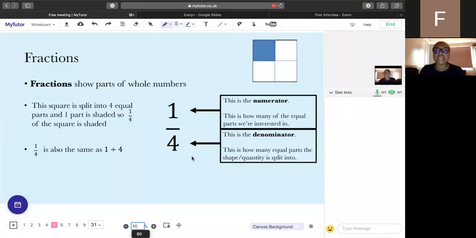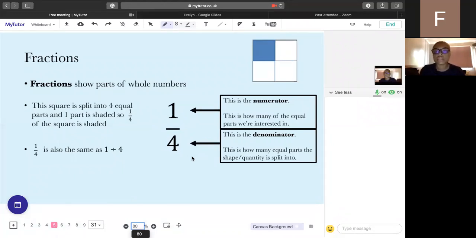As you can see in the top right corner, we have a square which is split into 4 equally sized smaller squares, and one smaller square is shaded in blue. Since we split it into 4 equal parts and we've chosen 1 out of the 4, this represents a quarter of the square which is shaded.